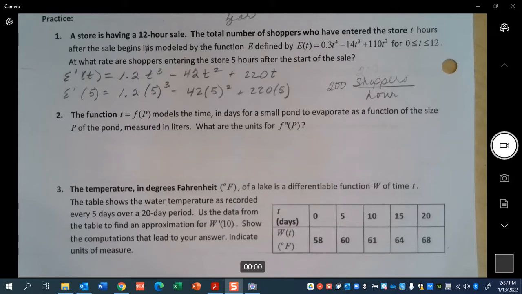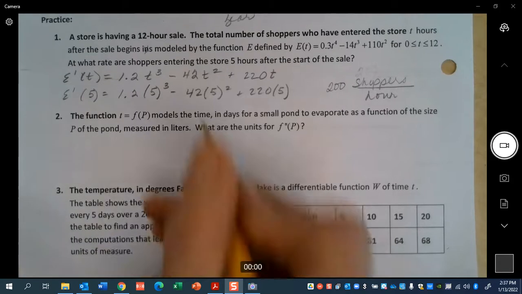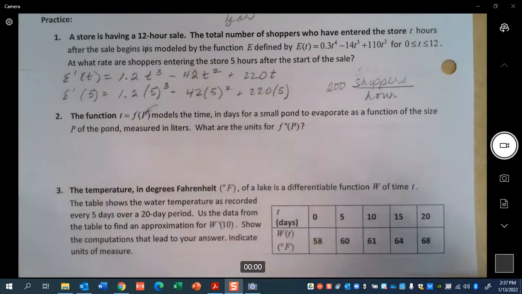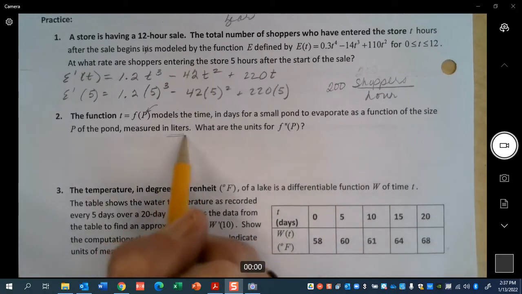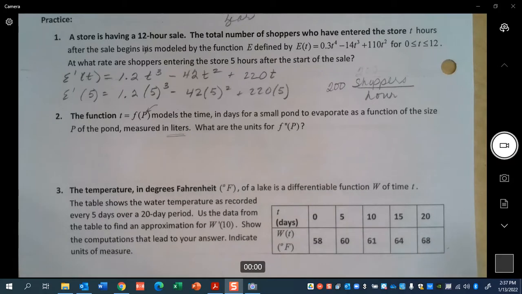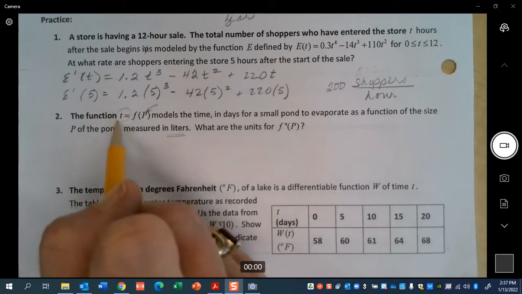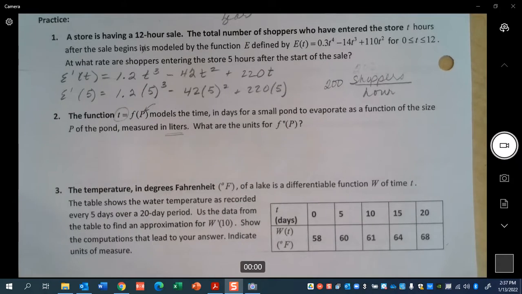So my input value, my units for my input is what? How am I measuring my pond? My output value, how am I measuring my output?